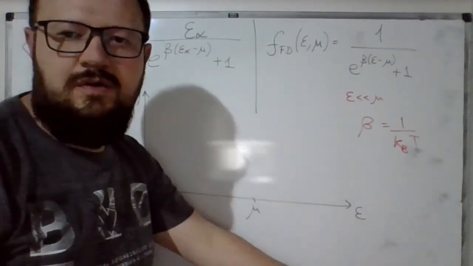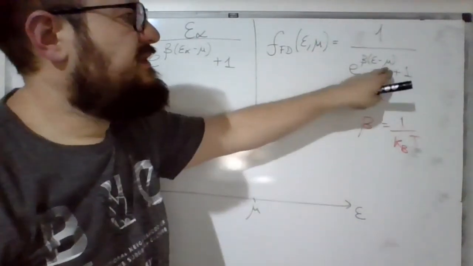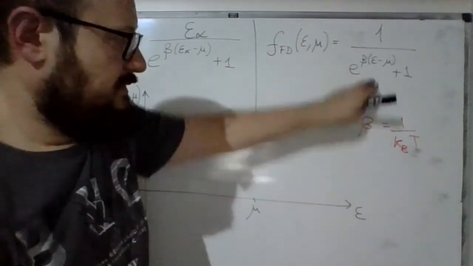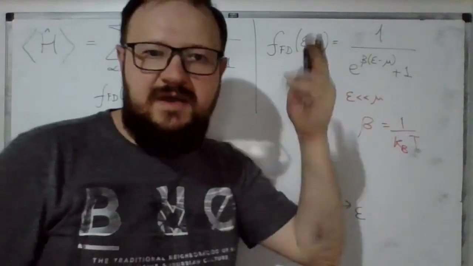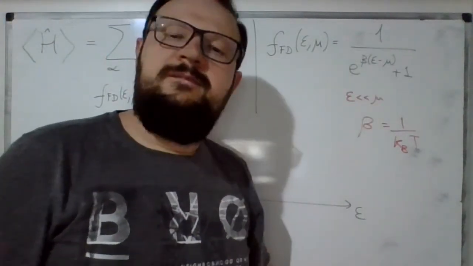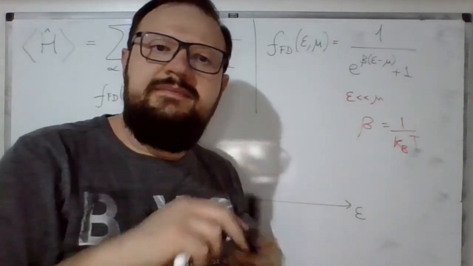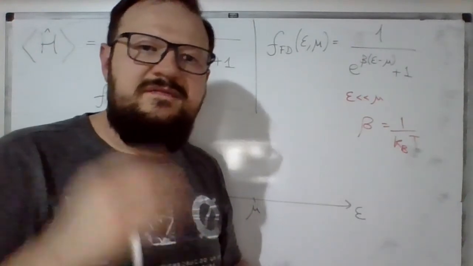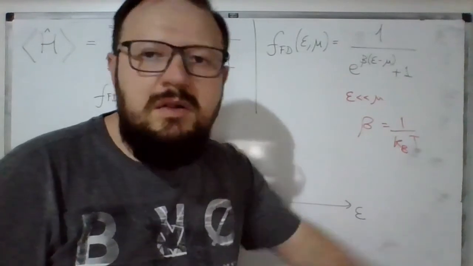Temperature is low, beta is a very large number. And if E minus mu is a negative number and beta is a very high number, you have the exponential of a largely negative number, and this exponential is vanishingly small.